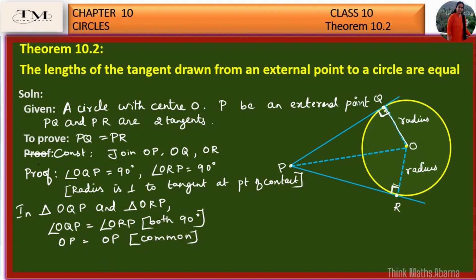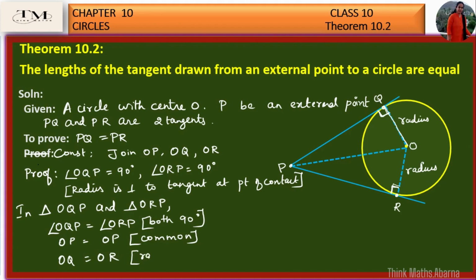Now take OQ and OR. Both are radii of the same circle. The radius is constant for the circle. OQ is a radius and OR is also a radius of the same circle. Then OQ and OR will be equal. So we can write OQ equal to OR.